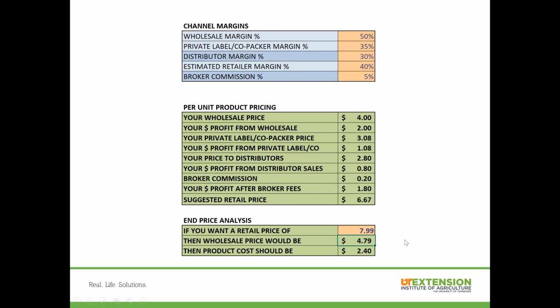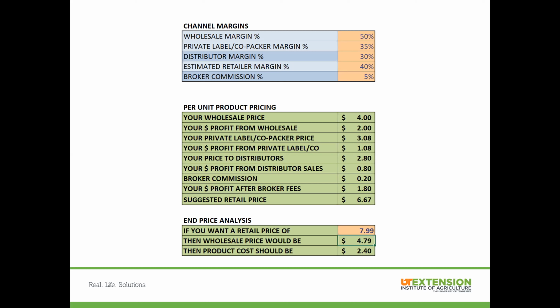So now we come to another part of the spreadsheet that really gives us an opportunity to cover our administrative and our marketing costs by the margins that we would hope to get. This is something that you can vary, that you can alter here. Those orange cells are margins that you can change.